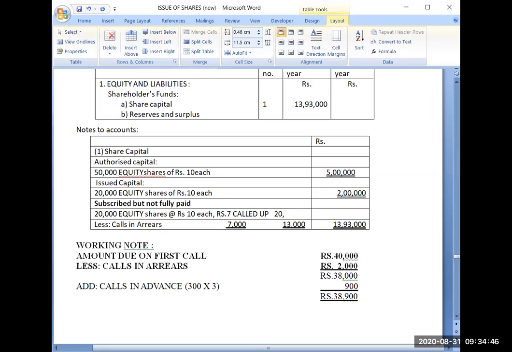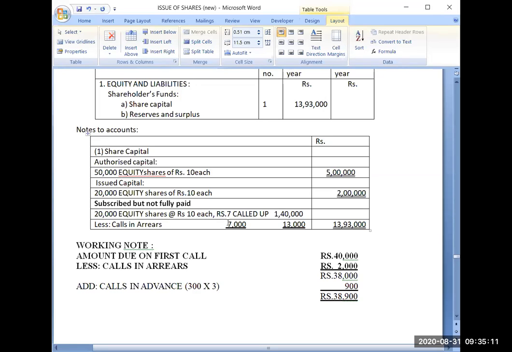So your amount will become 1,40,000. This one is clear. You have to tell what is the face value and how much amount has been called up, because the full amount has not been called up. That's why no share can be fully paid up. All shares will be not fully paid up.